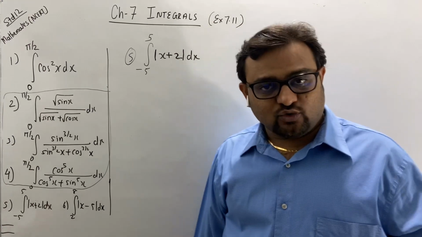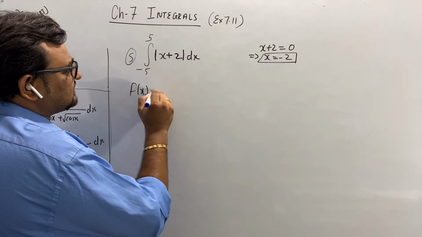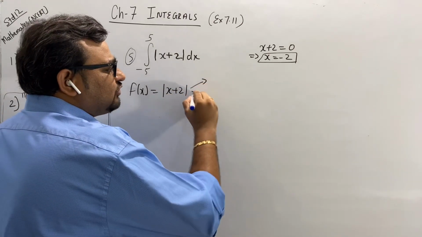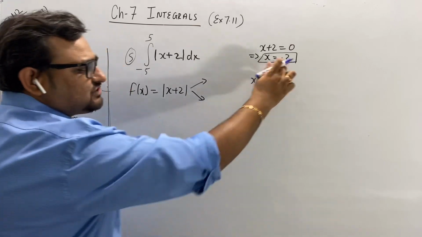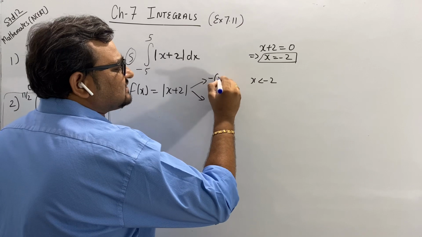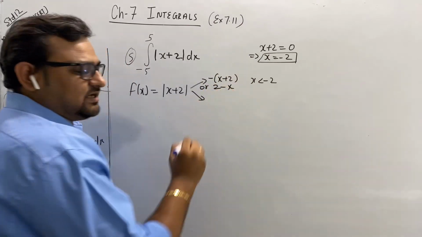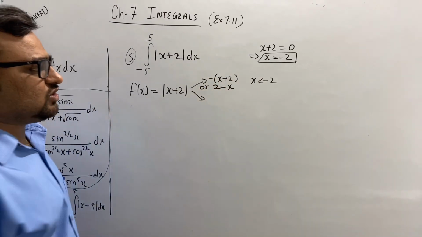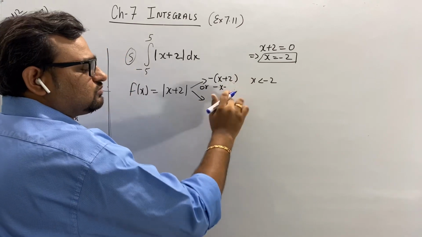So it is positive. So I can write this f(x) equal to modulus of x plus 2. I can split it in two ways. Right? When x is less than minus 2, this is negative, so it will be minus of x plus 2. Sorry, minus x minus 2.